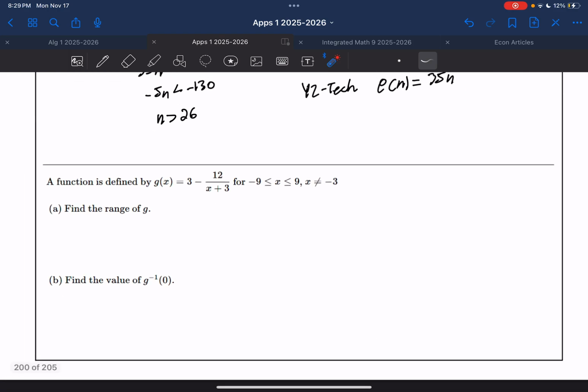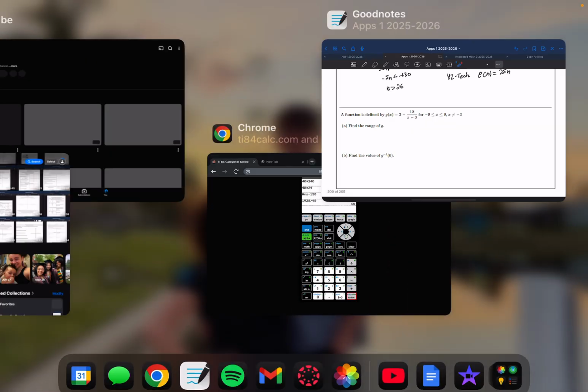Okay. And these questions down here can get a little bit tricky. So we have a function defined by 3 minus 12 divided by x plus 3, for these values, -9 to 9, where x cannot be -3. So we want to find the range of this function. I think the easiest way to find the range is just to go ahead and graph it here.